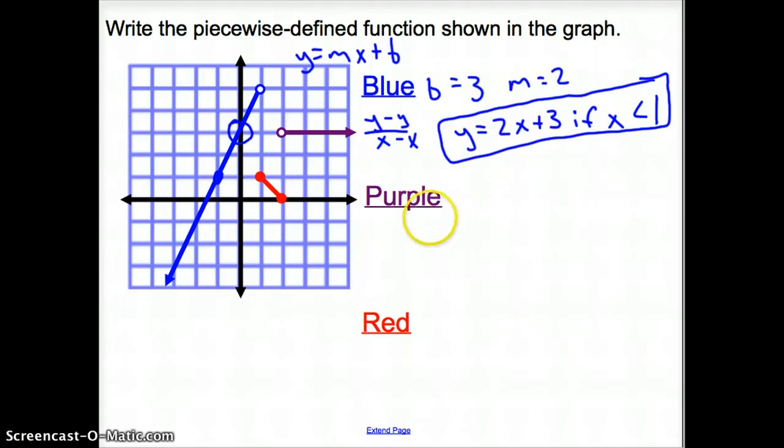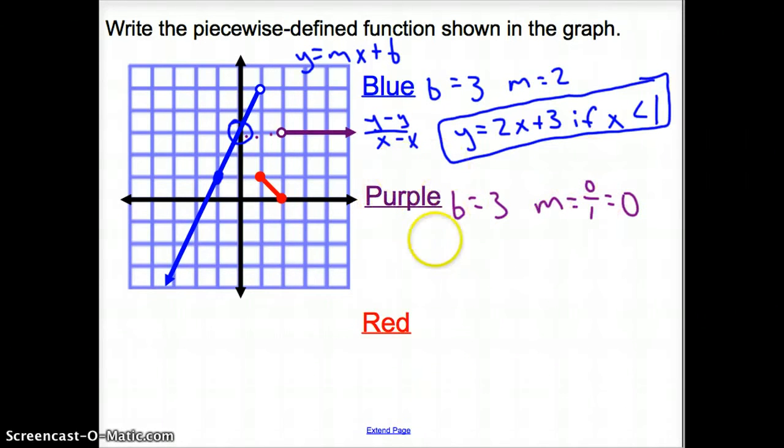Now, looking at the purple line, starting with our y-intercept, if we would continue this line over here, where would it cross? It would cross at 3. What is the slope of the purple line? I'm not going up any, but I'm going over. So my slope is 0 over 1, or just 0.